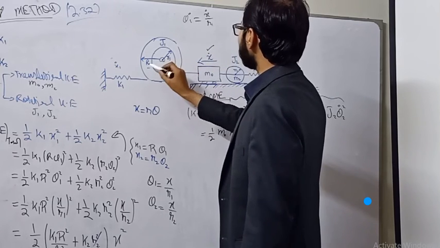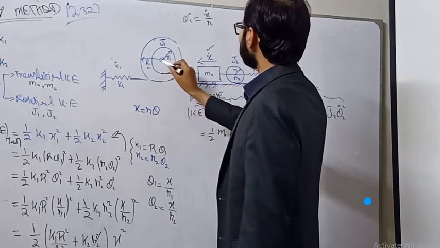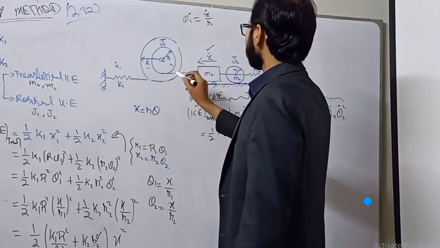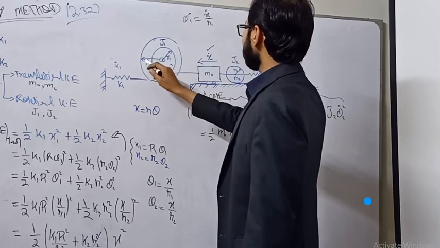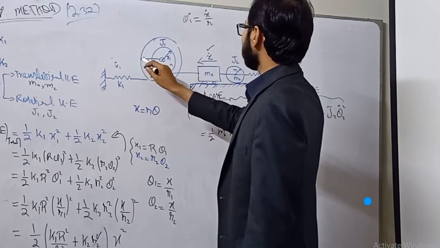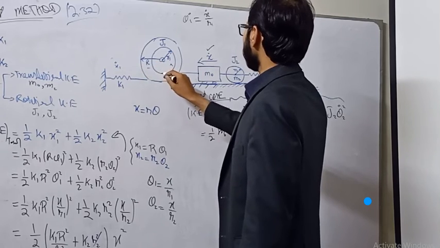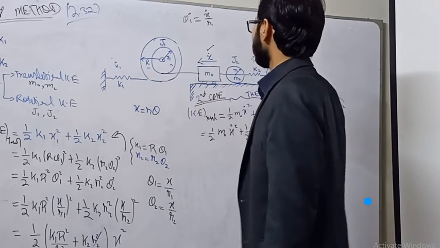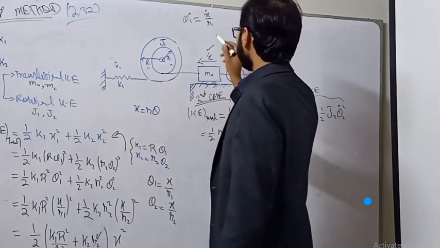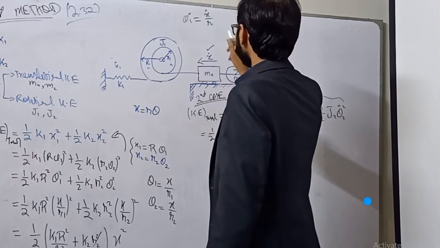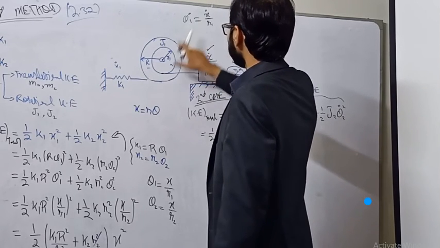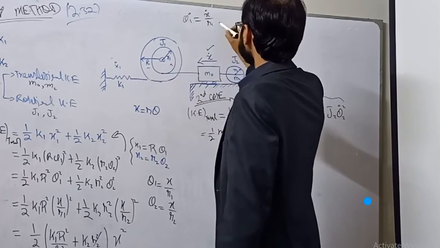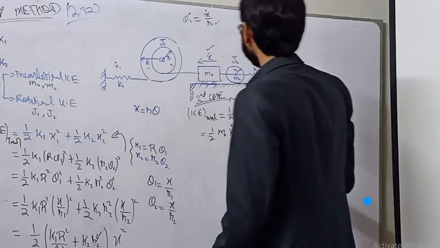If we want to use capital R, then we have to include the effect of r1 as well, because if we are considering velocity here, we first have to consider the velocity component here, and then go there. So it will be quite difficult. So I have directly used the conversion term for theta 1 naught for the smaller disk, taking the radius of the smaller disk. This is a very simple concept.